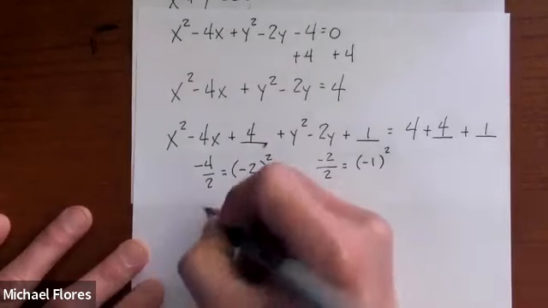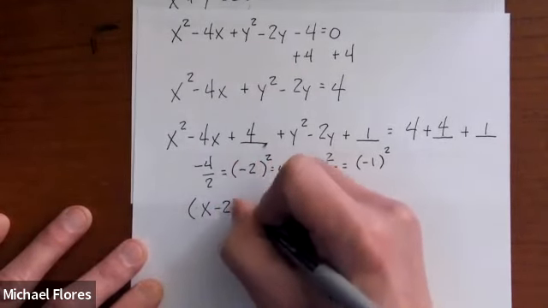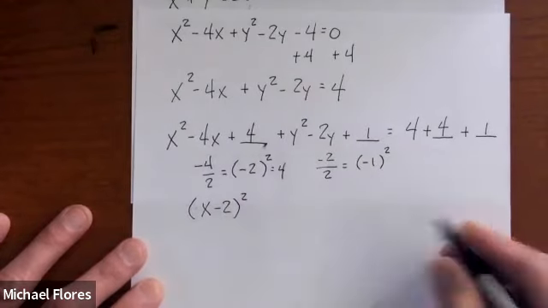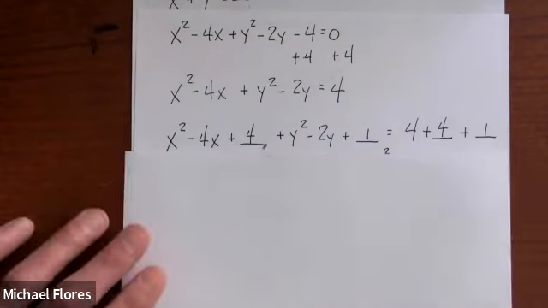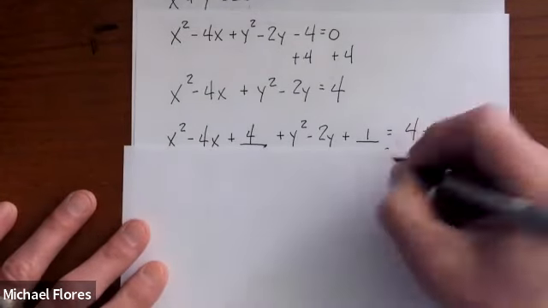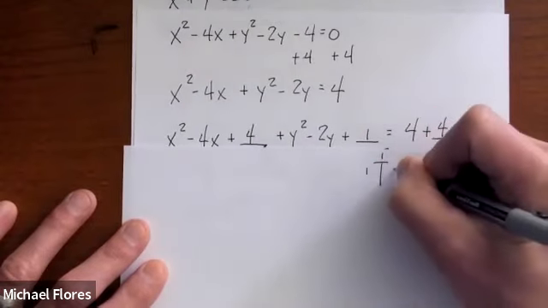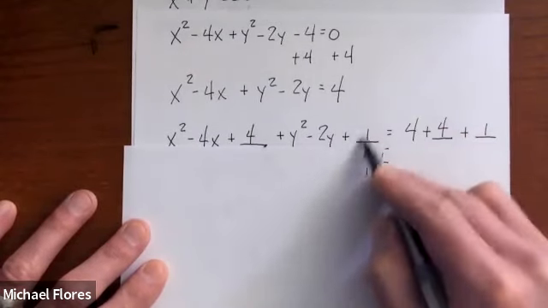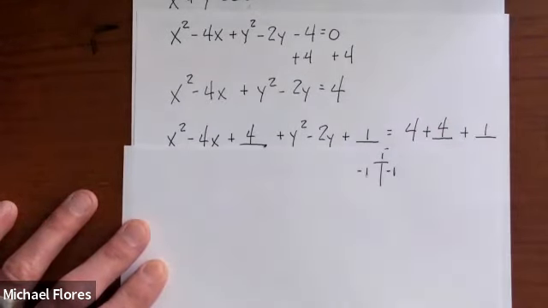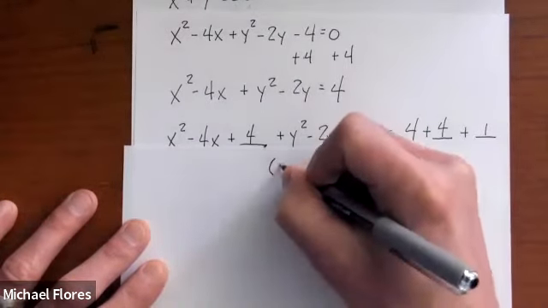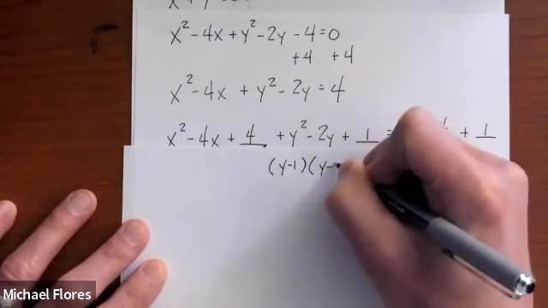So now I'm going to write that down. (x - 2) squared plus, now we're going to do the same thing here. The factors of 1 that add to get 2 are 1 and 1. Same signs, both negative. If you were now to factor this, we'd get (y - 1)(y - 1).